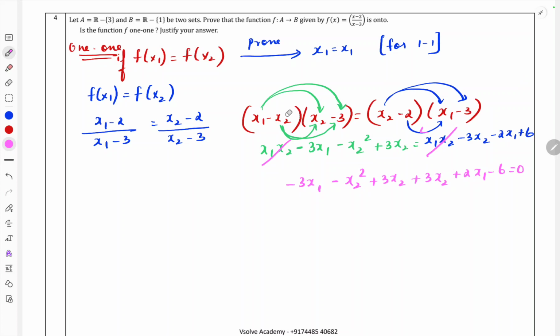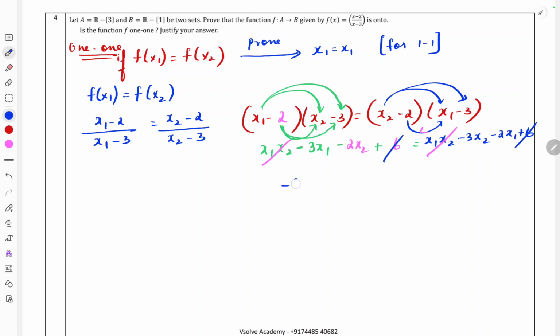And this is x1 minus 2. So which means x1 x2 minus, so minus 2x2. This is minus 2x2 and this is plus 6, which means I can erase this. So minus 6 and plus 6 will get cancelled.